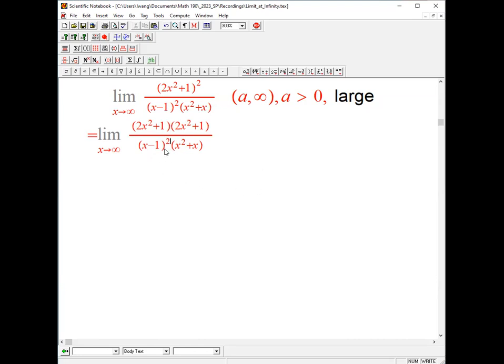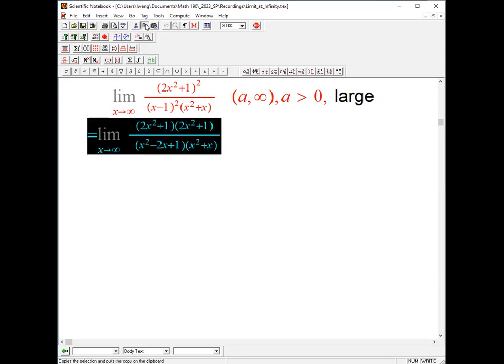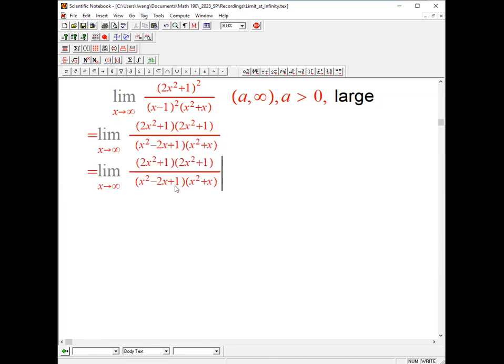And this piece, I'm going to FOIL. That piece will turn into x squared minus 2x plus 1. So for this part, I'm going to divide it by x squared. So this is what I'm going to do, to keep it simple.